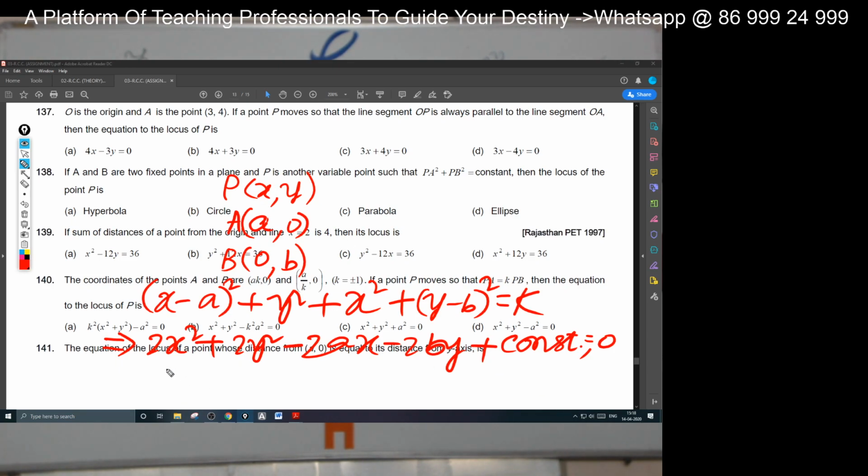Which geometrical figure does this algebraic equation represent? 2x square plus 2y square minus 2ax minus 2by plus constant equal to 0. Anyone please? Waiting for your response.